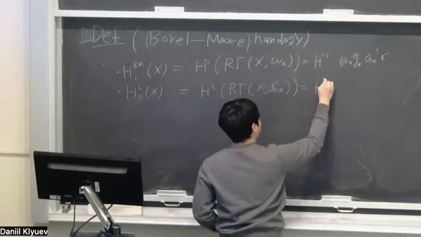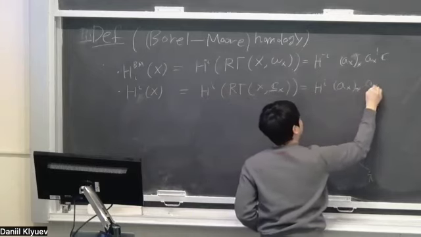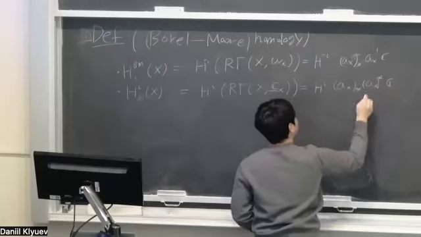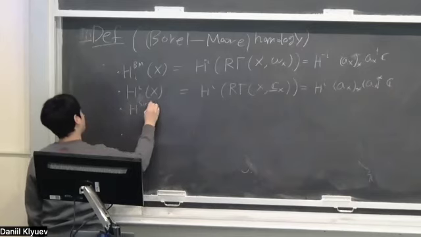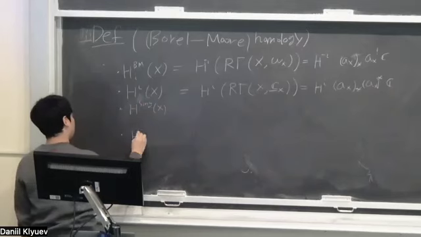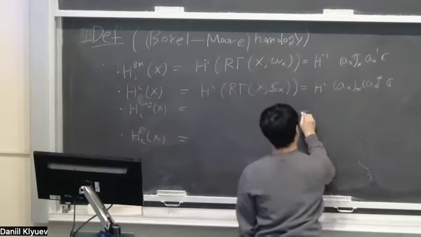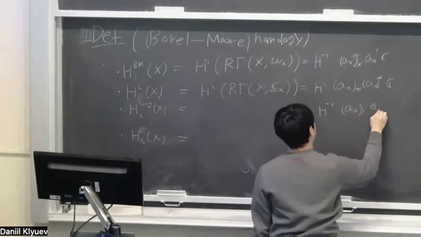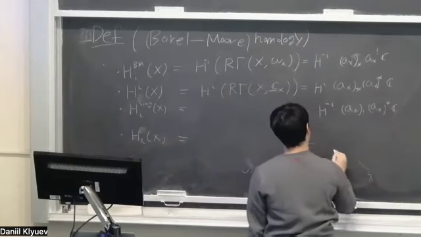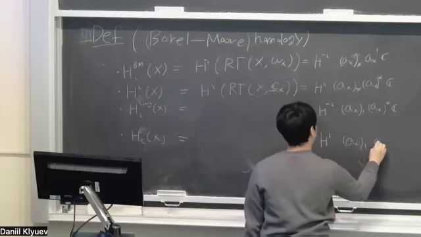So this will be the cohomology of a_X lower star, a_X upper star of C. Similarly, we can define the singular homology and homology with compact support, defined as H minus i of a_X lower shriek, a_X upper star of C, and H_i of a_X lower shriek and a_X upper shriek.